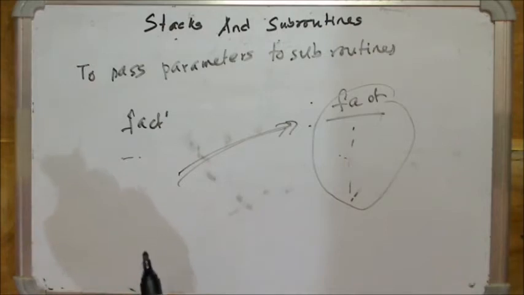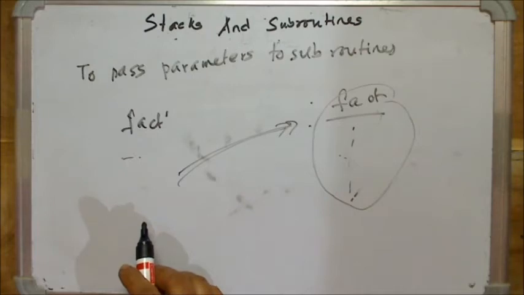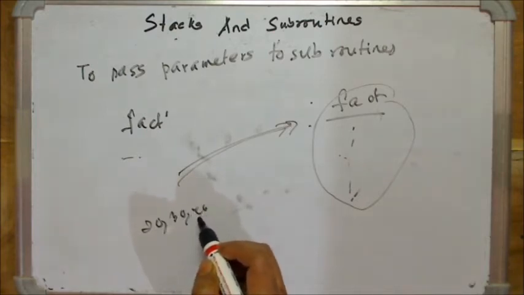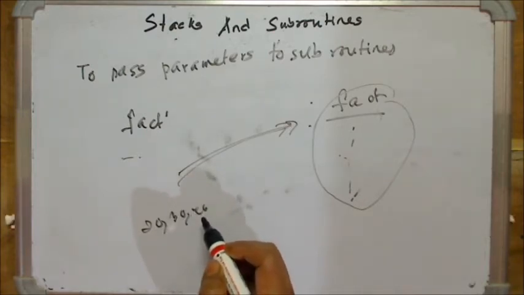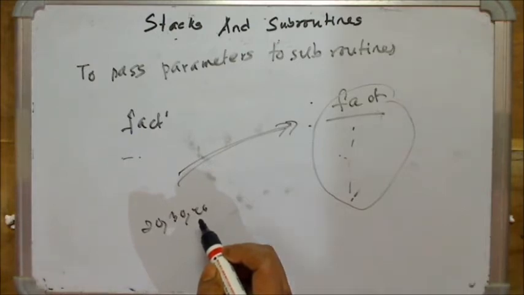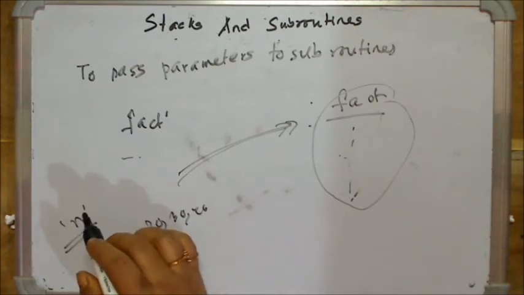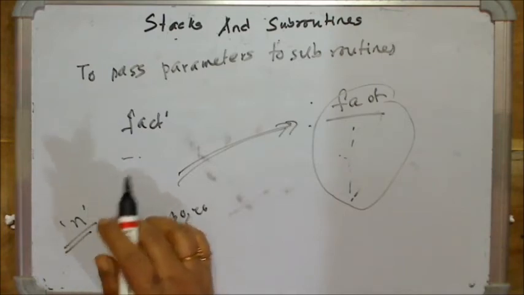But what if you want to find the factorial of 20, 30, 40? Are you going to write different functions for them? No, because the method of finding the factorial is the same for every number. So why create different functions? Why not create a general function? Instead of finding the factorial of 10, we'll find the factorial of n, and then you write the body of the function.